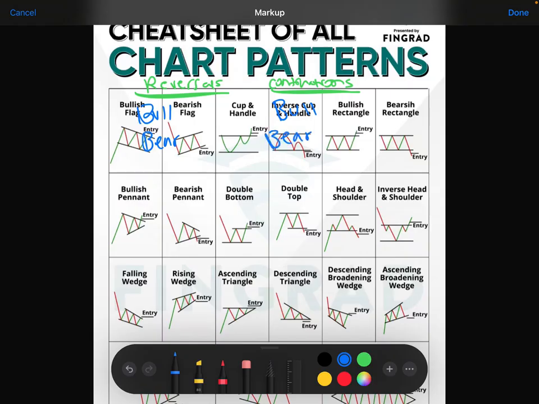So there's technically two types of each in two categories. The four categories of chart patterns that we have are bull reversals, bear reversals, bull continuations, and bear continuations.